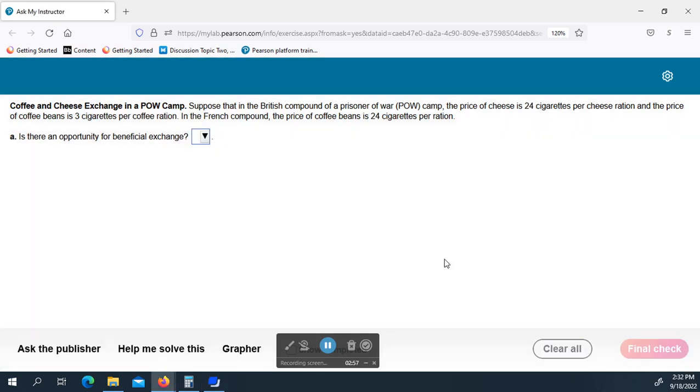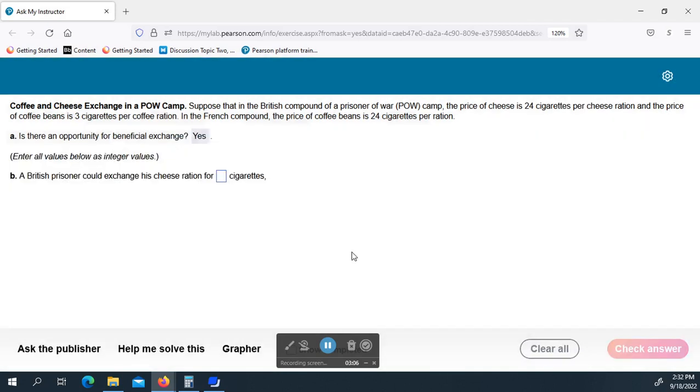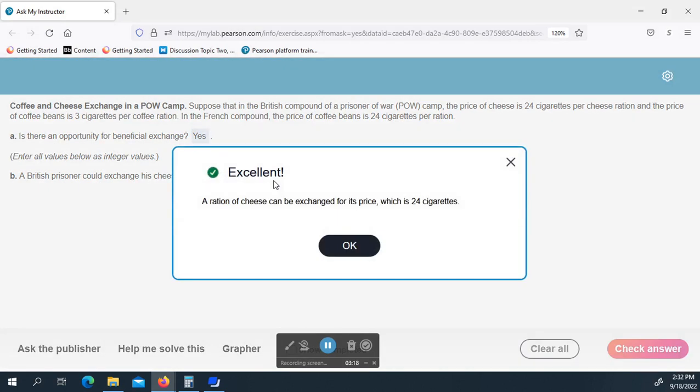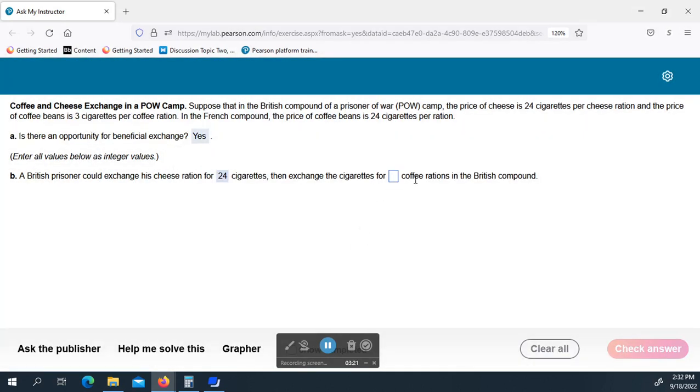Let's go through the similar question. They're going to change the numbers on us, so we'll just walk through. We know that this is yes, there's an opportunity for beneficial exchange. Okay, the British prisoner could exchange his cheese rations for how many cigarettes in the British compound? 24 in this case, right? And then he exchanges cigarettes for how many coffee rations?